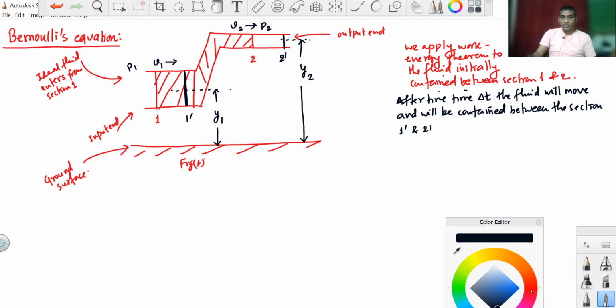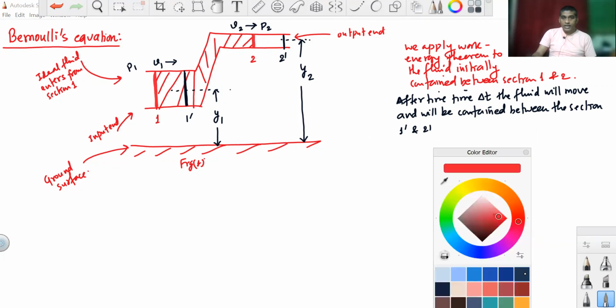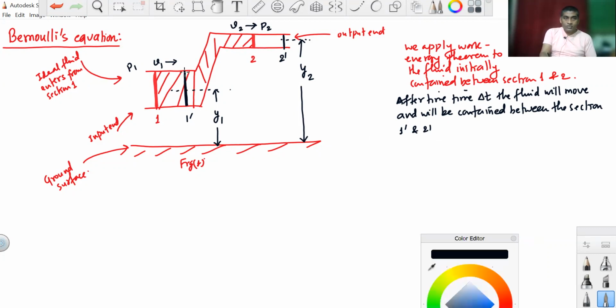So after time delta t, the fluid contained between the section 1 and 2 will move and will be contained between the section 1 dash and 2 dash.